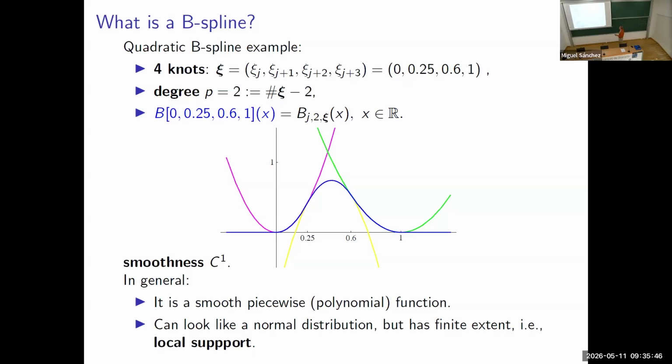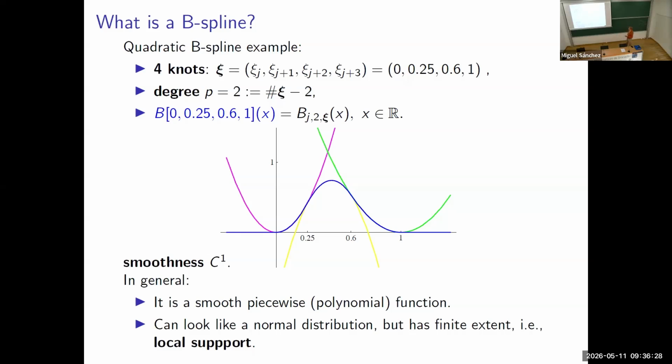You have the same tangent, so it's C1, and then you use the yellow until you meet the green parabola, and so on. So it has smoothness C1, and it's a piecewise polynomial function. There are many generalizations of this. It doesn't have to be piecewise polynomial. It could be piecewise any kind of set of functions, like what we call Chebyshevian splines, which is an active research area in this field.